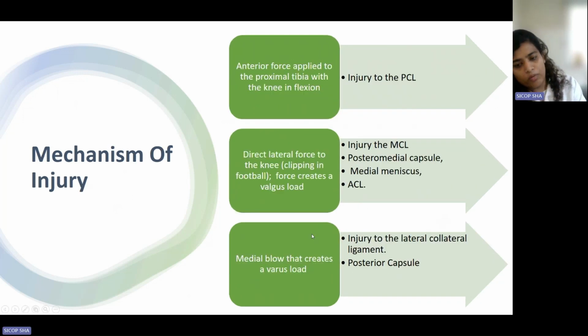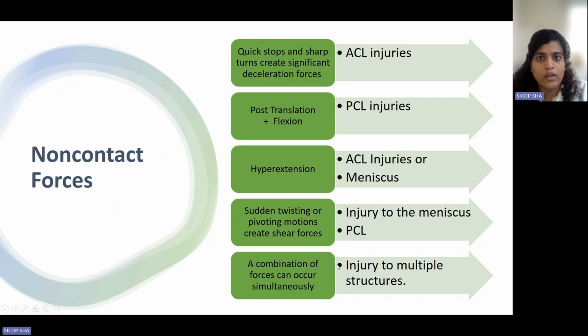Some of this load also occurs indirectly, which we need to properly figure out, right? So if the patient complains that after moving he takes quick stops and sharply turns, creating a deceleration force, then it points towards ACL injury.